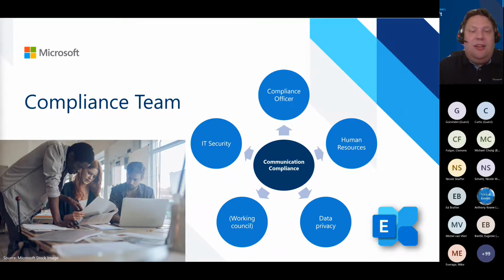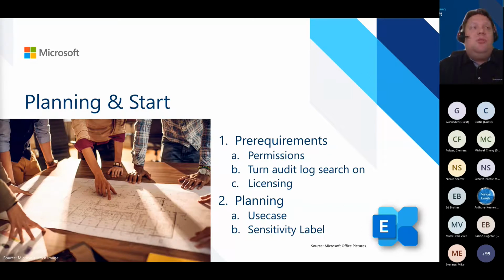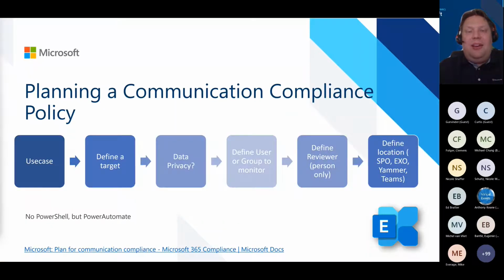Then plan your strategy and plan the policies you want to use with communication compliance. For example, have a look into the planning part. We have a use case, for example, this one with the stock market. We can define a target: we want to find people who switch their job role and will start to trade with stocks, and we need to find them, for example, to make sure they don't talk about their old company or to the colleagues where they worked before.